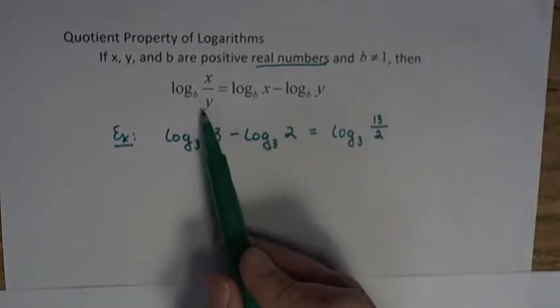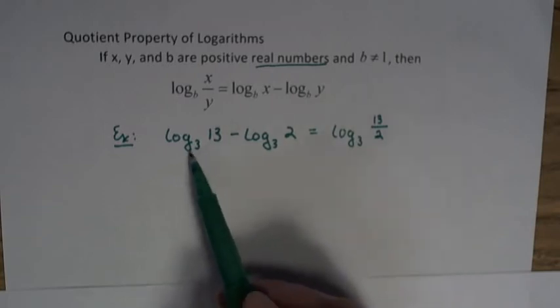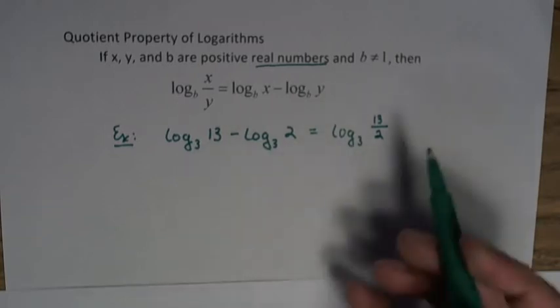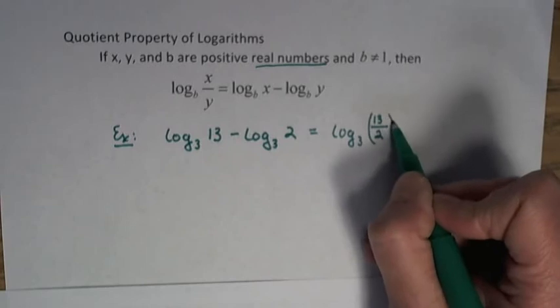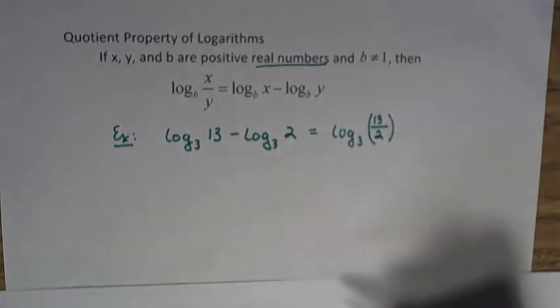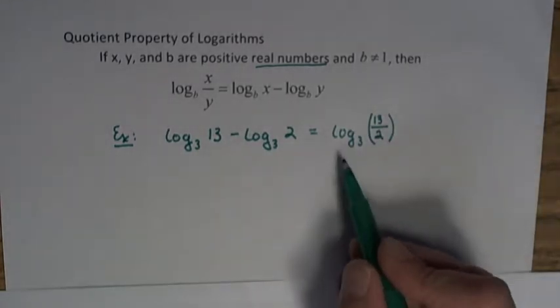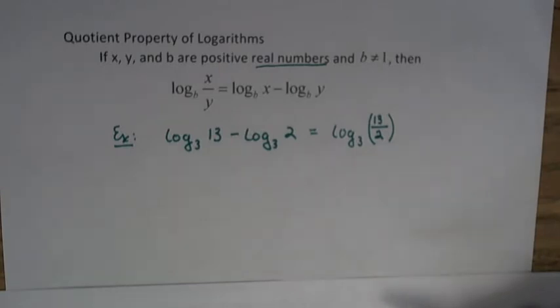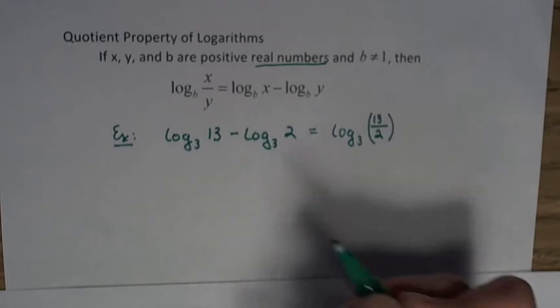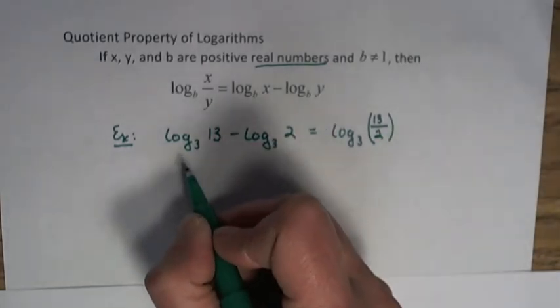So again, I'm using the property in reverse here in that I've got the subtraction, I'm combining it into a single log. I always like to use parentheses to make it clear that I'm taking the log of that particular expression. All right, so that one didn't do a whole lot for us.